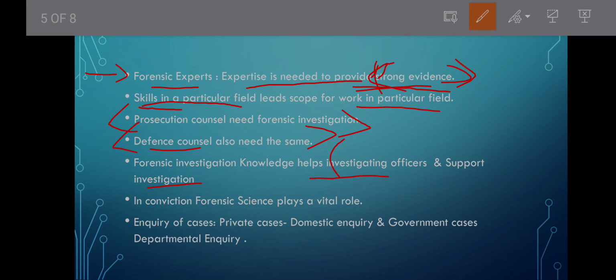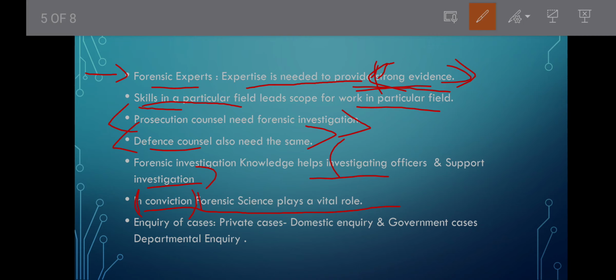What is basically forensic science? It is the application of science, the techniques and methods that are used, and it gives proof that certain things are present for certain reasons. Next, in conviction, forensic science plays a vital role.